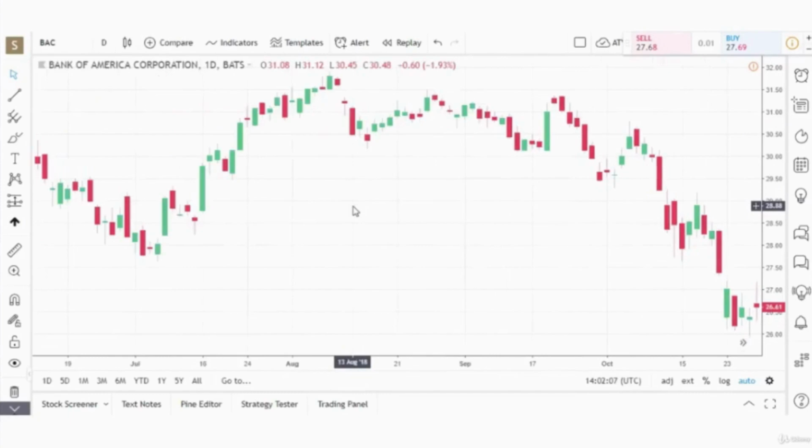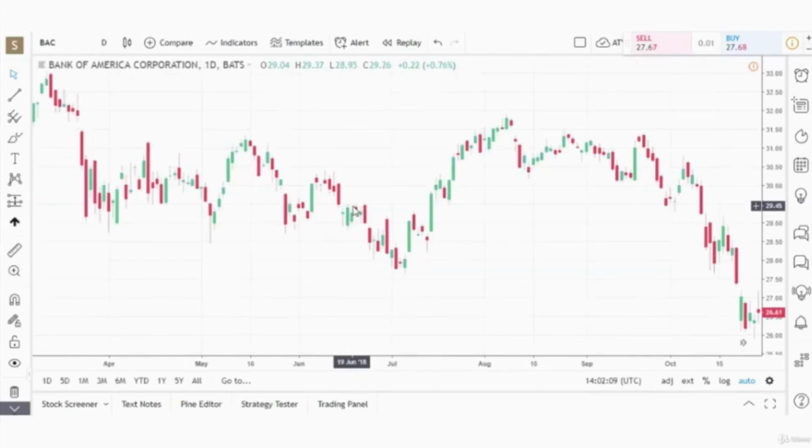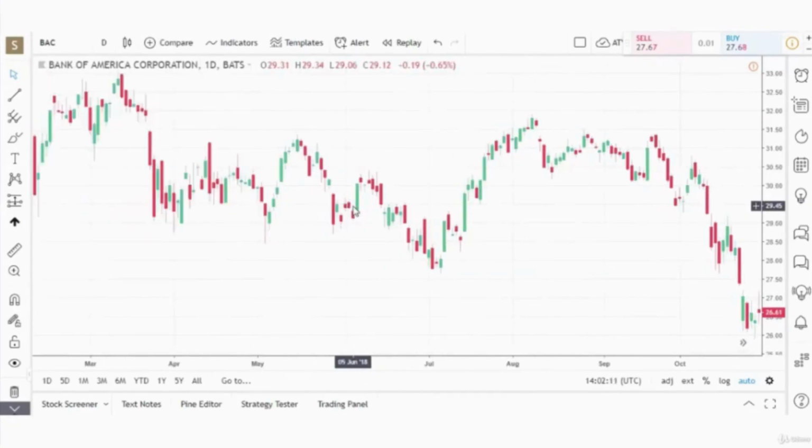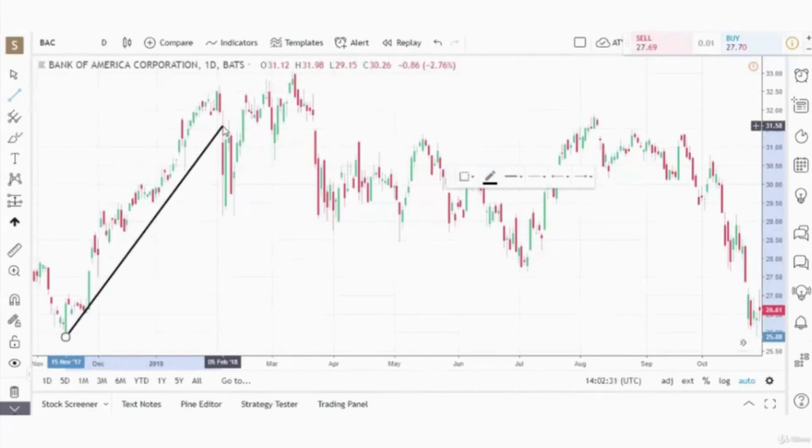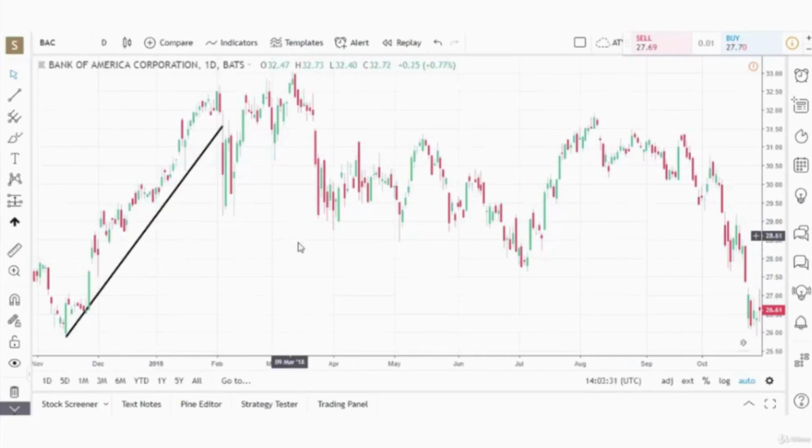Now let's take a look, again using Bank of America. I'm going to zoom in, and we'll look at some trends in the stock. At the beginning of this chart now, in November of 2017, we have an uptrend in the stock. I'm going to draw a trend line here. So we have the stock moving up in an uptrend. Then the stock moves in a consolidation pattern, and I'll draw a support line.